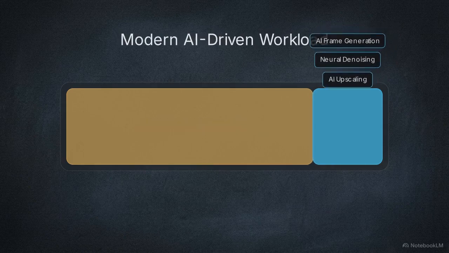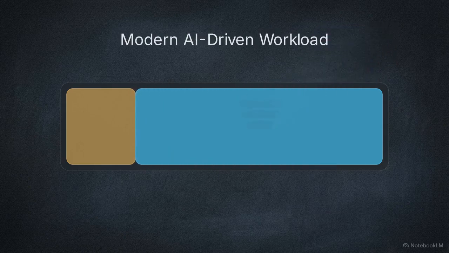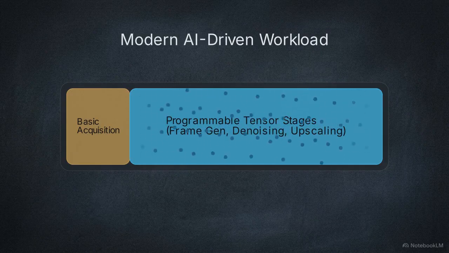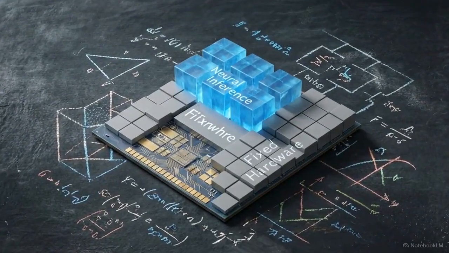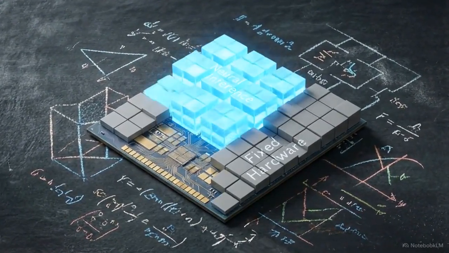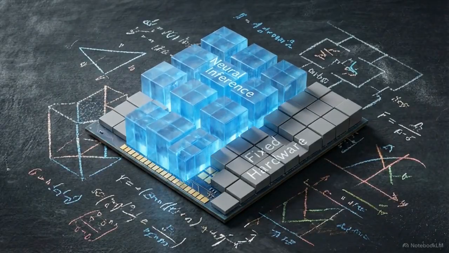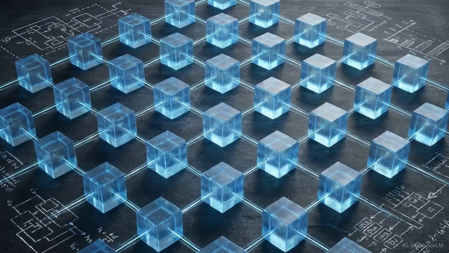The initial visibility passes shrank into basic acquisition steps, while the programmable tensor stages expanded to absorb the vast majority of the compute budget. As the most expensive work migrated to late-stage neural inference, the S variable spiked, driving the entire rendering pipeline straight into the collapse region. This is exactly why GPUs abandoned fixed-function shading hardware and replaced it with unified, entirely programmable compute fabrics.